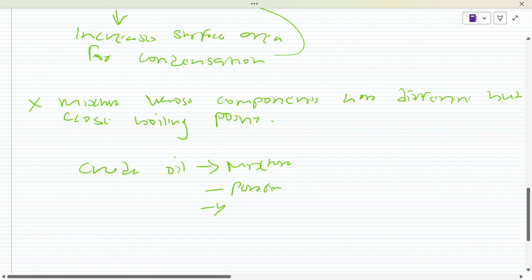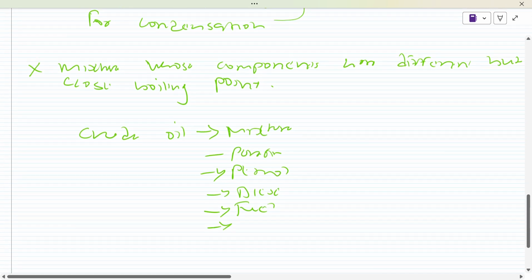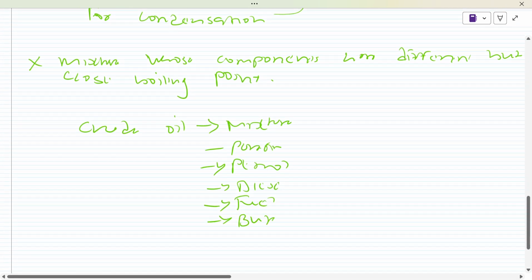It contains petrol and diesel. We call it fuel oil. It also contains bitumen, the one we use in the tarmacking of roads. All these are found in crude oil.